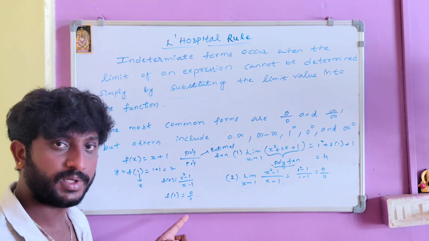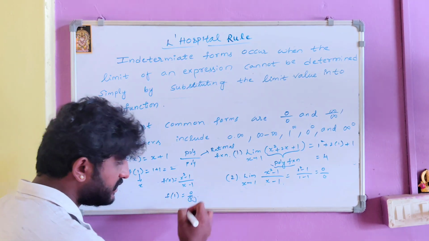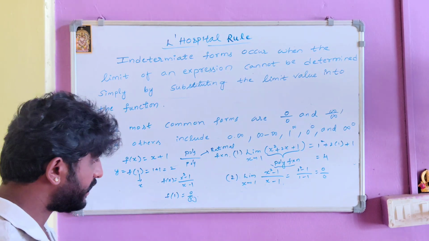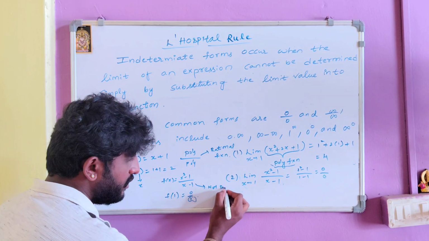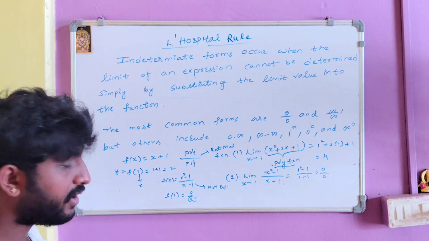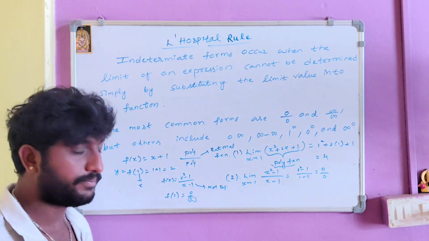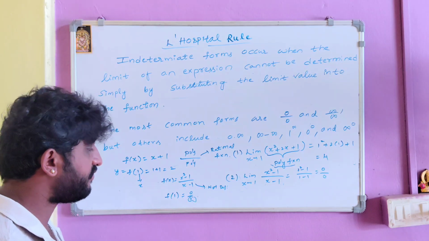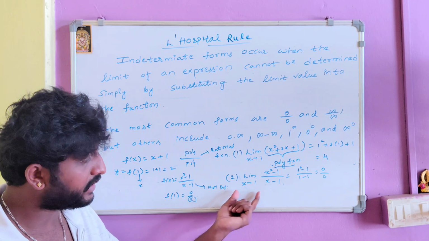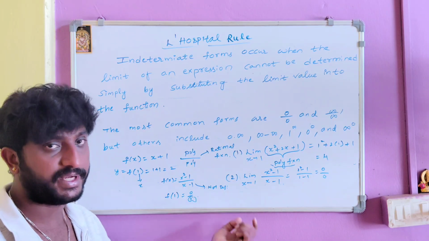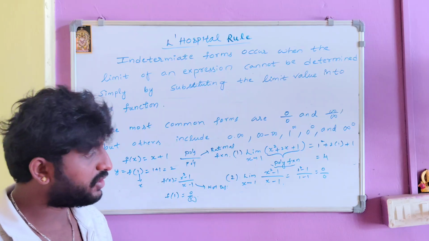If the denominator is 0, then this function is not defined. We cannot obtain the functional value at x equal to 1. Instead of finding it at x equal to 1, we approximately find it by using the limit concept. This is the form we get, 0 by 0.